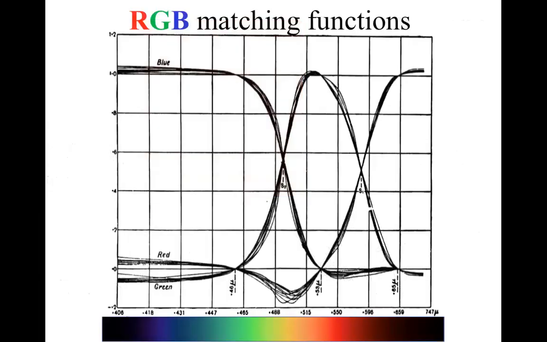Now here you see the results of the experiment from the 1920s, with I think 17 subjects, and you can see that for each of the subjects, the matching functions for the RGB color space look very consistent.